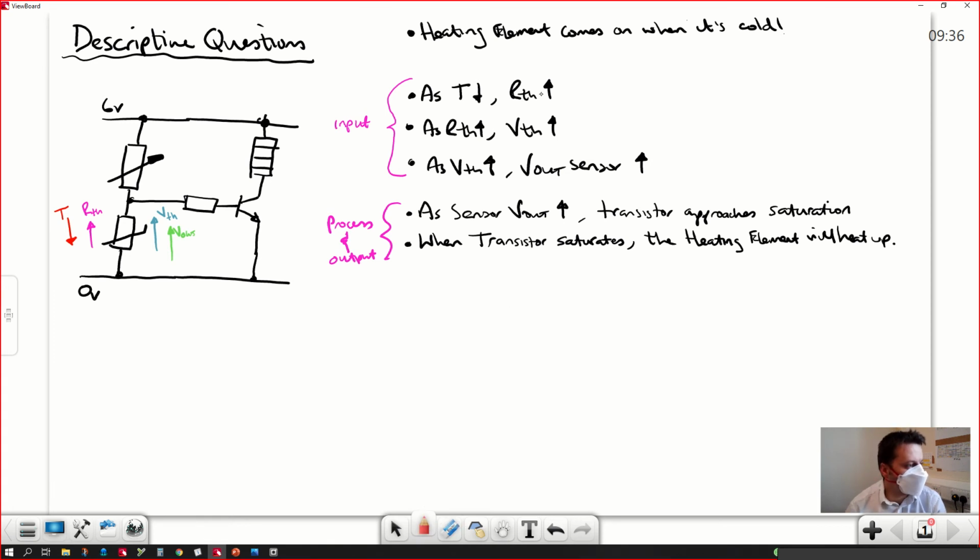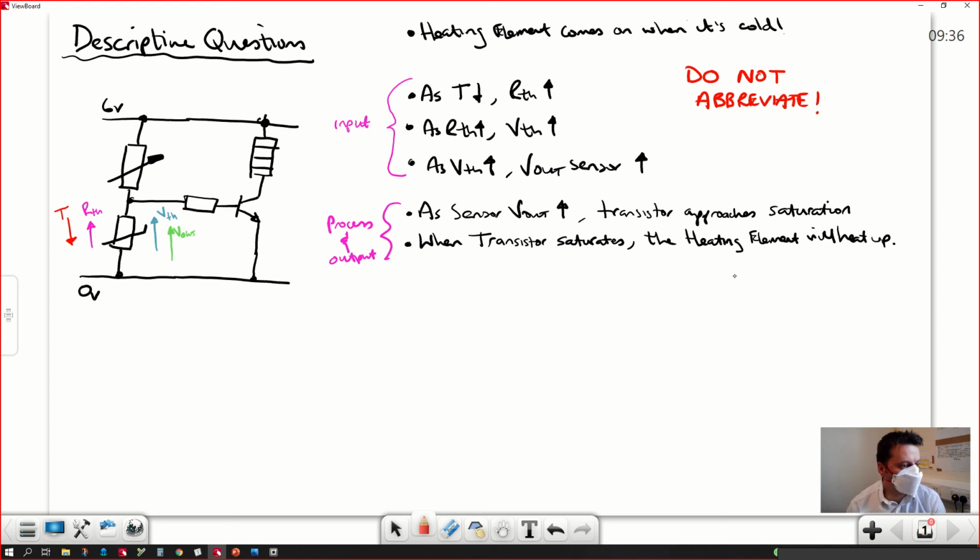In your descriptions, when you do this in an exam, do not abbreviate. So I've written RTH there. You wouldn't do that. You'd write resistance of the thermistor. And so on and so forth.